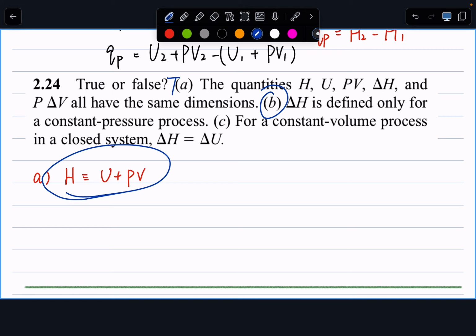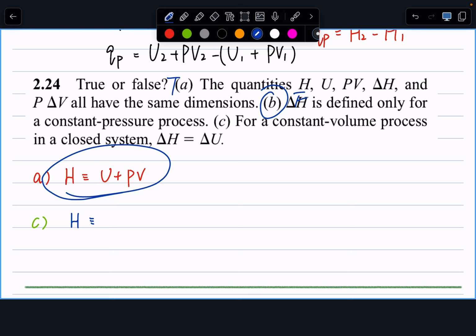Okay, about the last one. For a constant volume process in a closed system, delta H equals delta U. This one takes a little more effort, actually writing down the equation, like what we know about the relationship between enthalpy and internal energy.